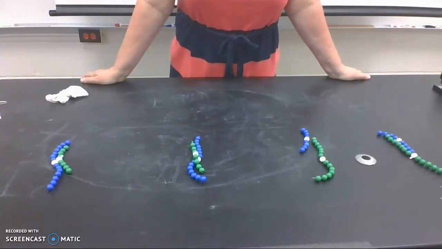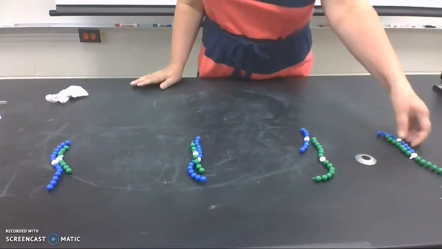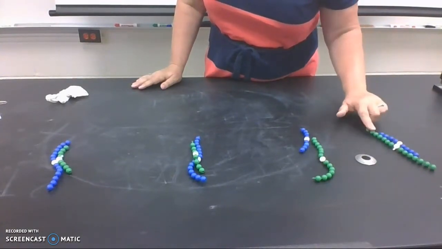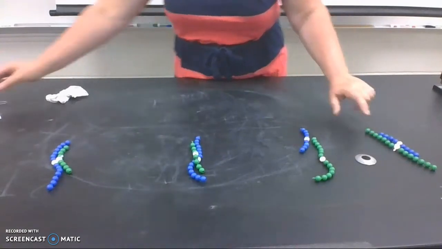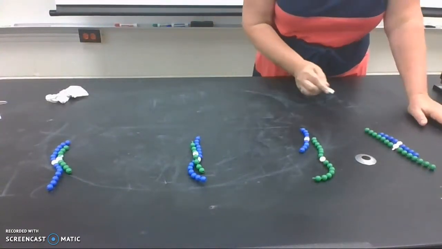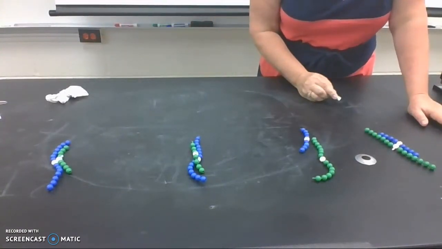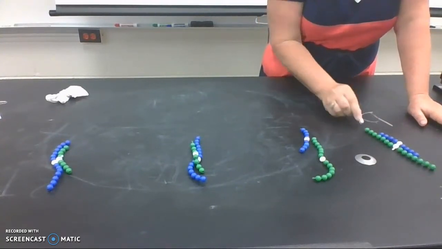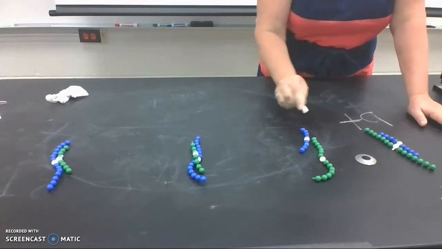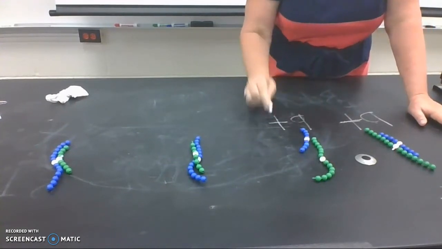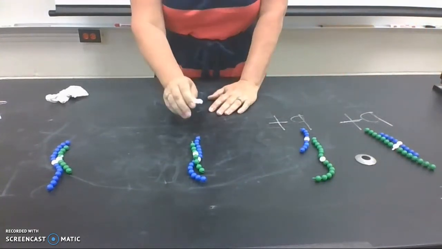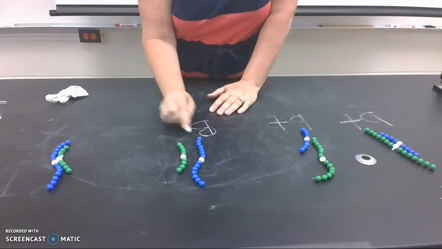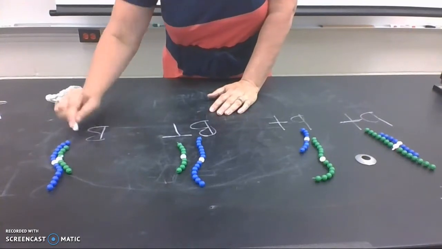So what we have then is, if these were sperm, one of the sperm would have brown eyes and straight thumb. And this would be the same, brown eyes and straight thumb. And then the other 2 sperm would have blue eyes and hitchhiker's thumb.